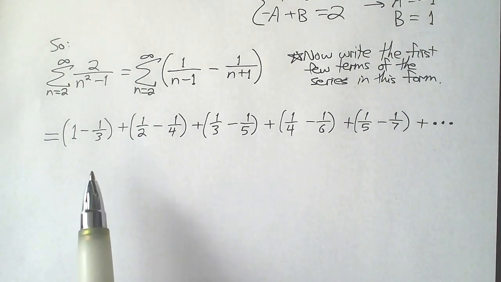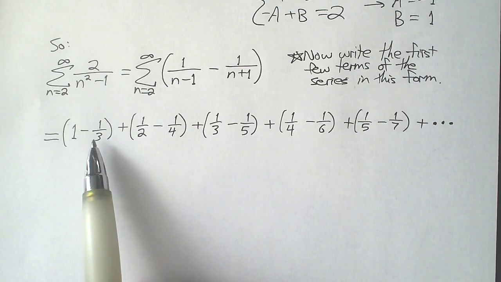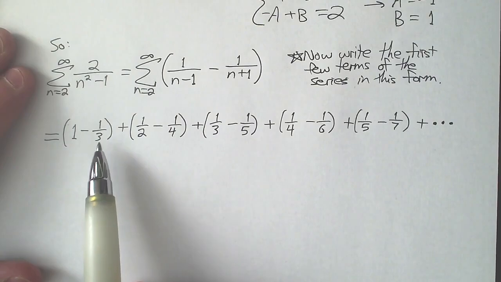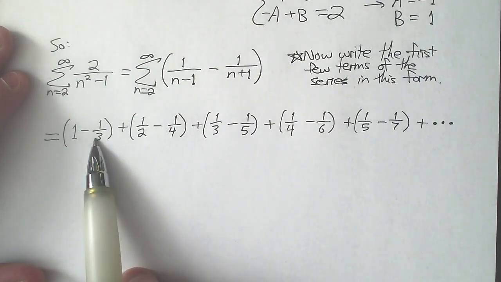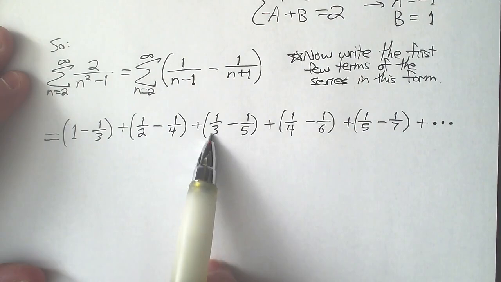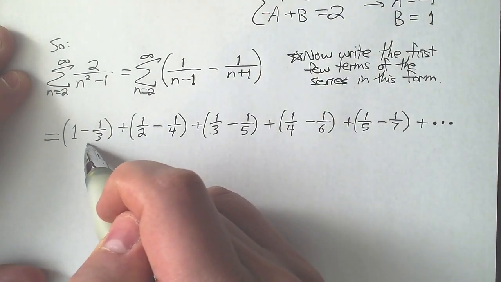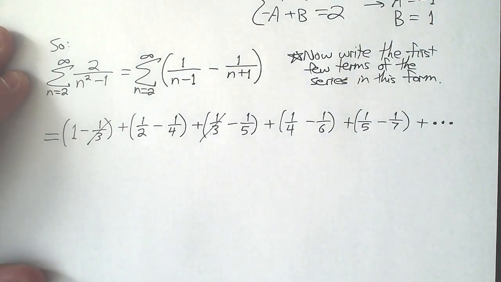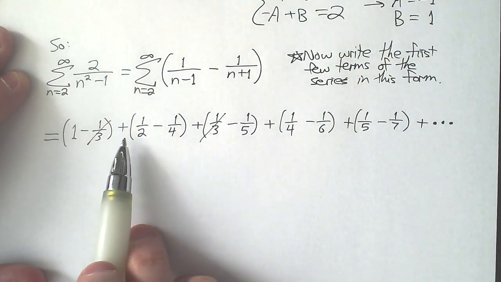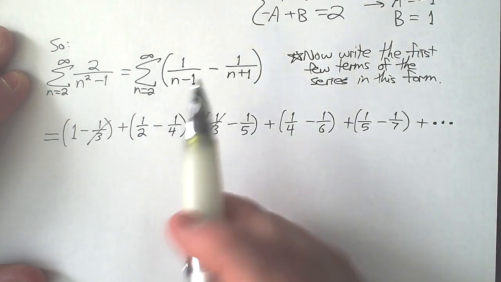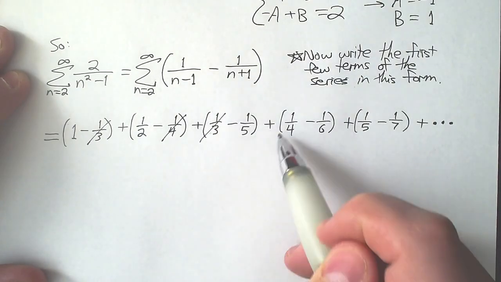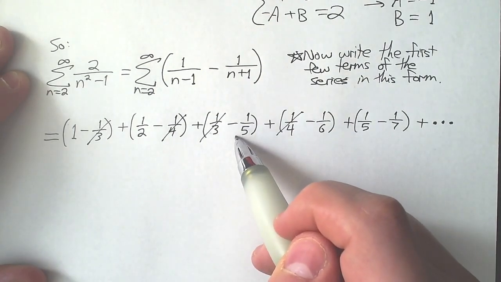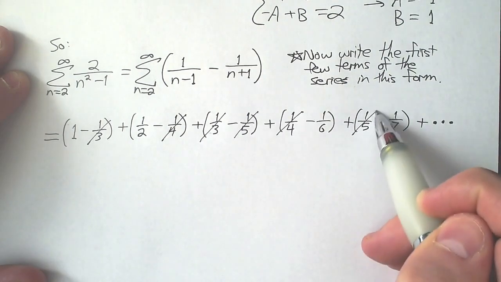What I want to show you is that there is some canceling that I could do. I notice that there's a minus 1/3 and there's a plus 1/3. So how about we cross them out? Minus 1/3 and plus 1/3 cancels. Is there anything else? There's a minus 1/4 and a plus 1/4. You could cancel those. There's a minus 1/5 and a plus 1/5.